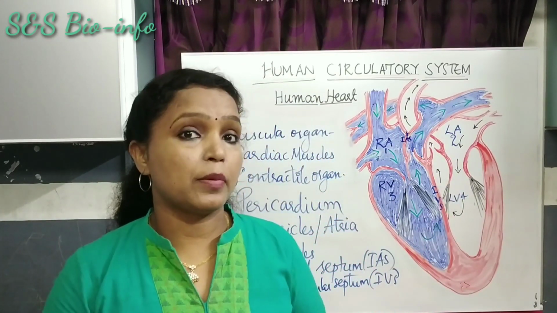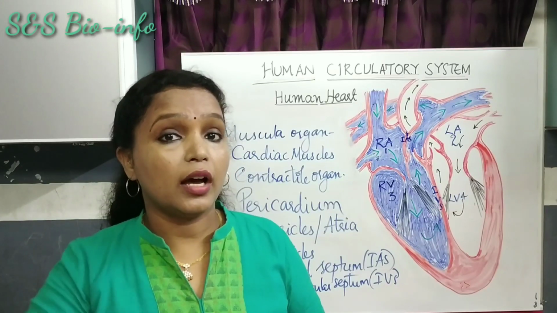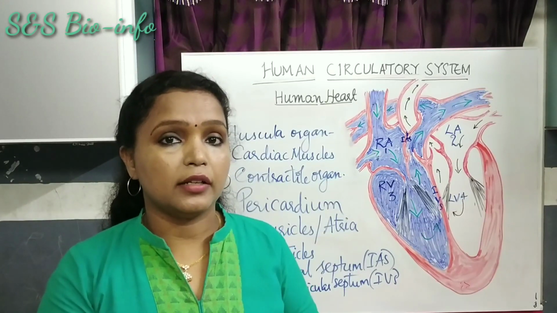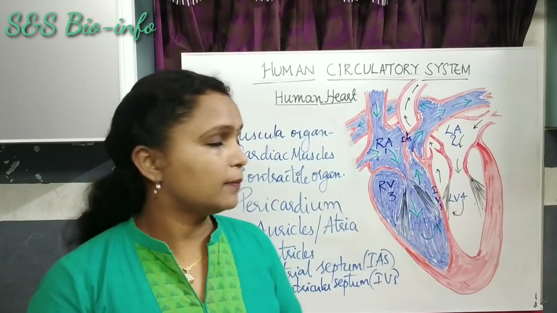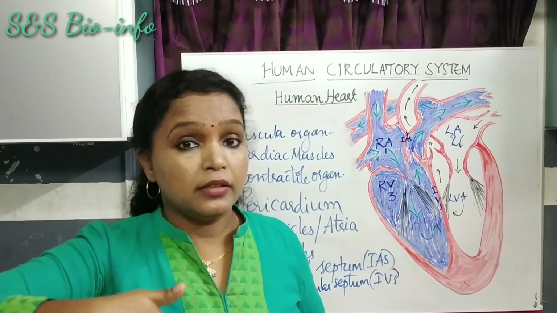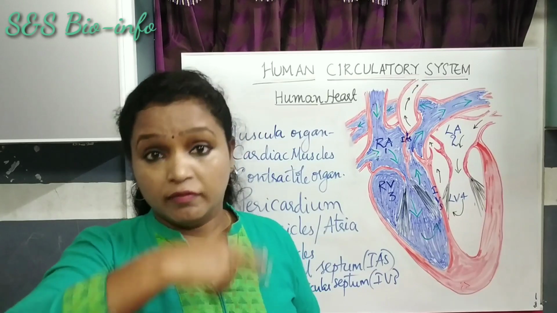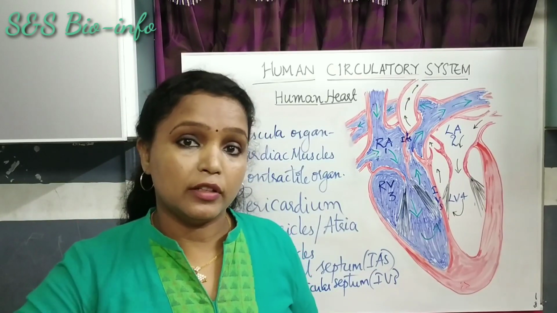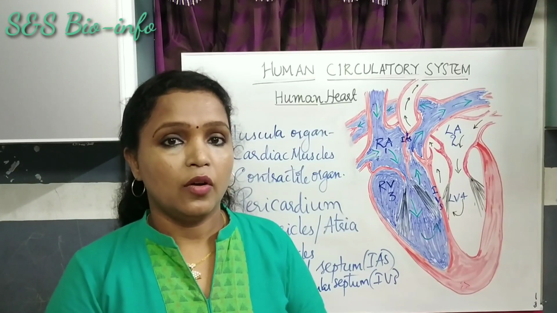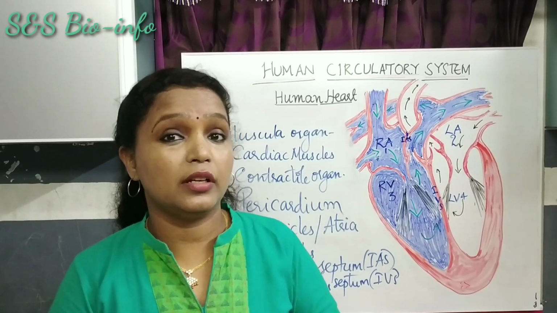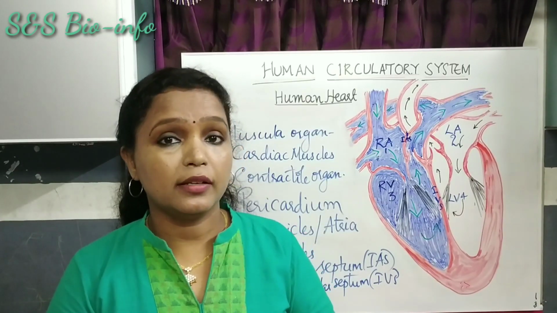Why there is a separation between the atria and the ventricle? To separate the oxygenated blood from the deoxygenated blood. In order to separate these two blood, then there is a particular wall in between the respective atria and the ventricles. Why there is such separation in mammals like human beings?